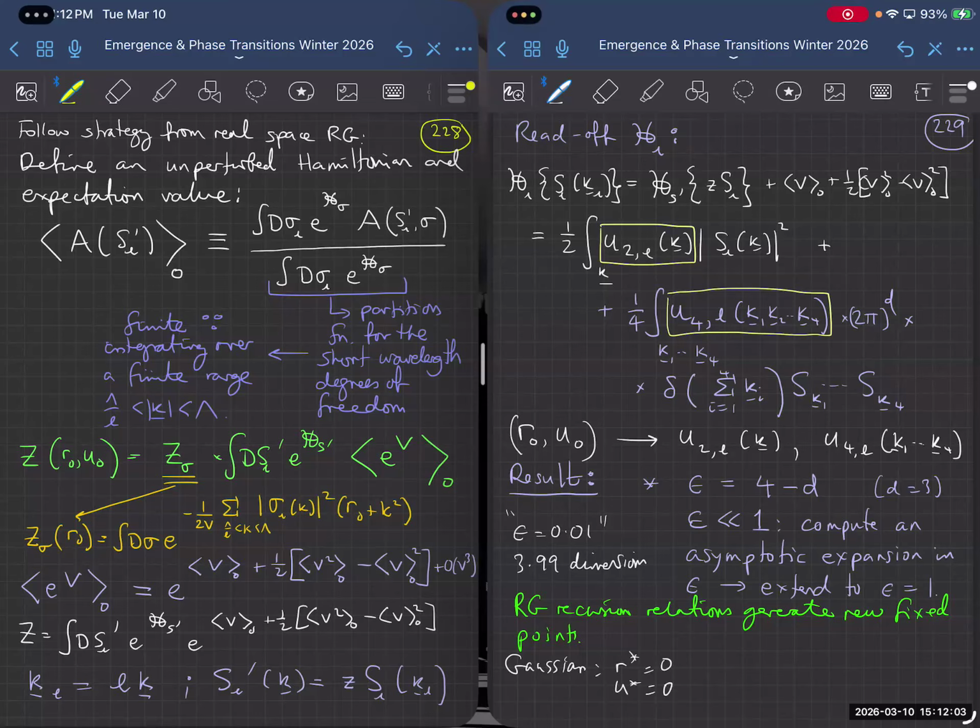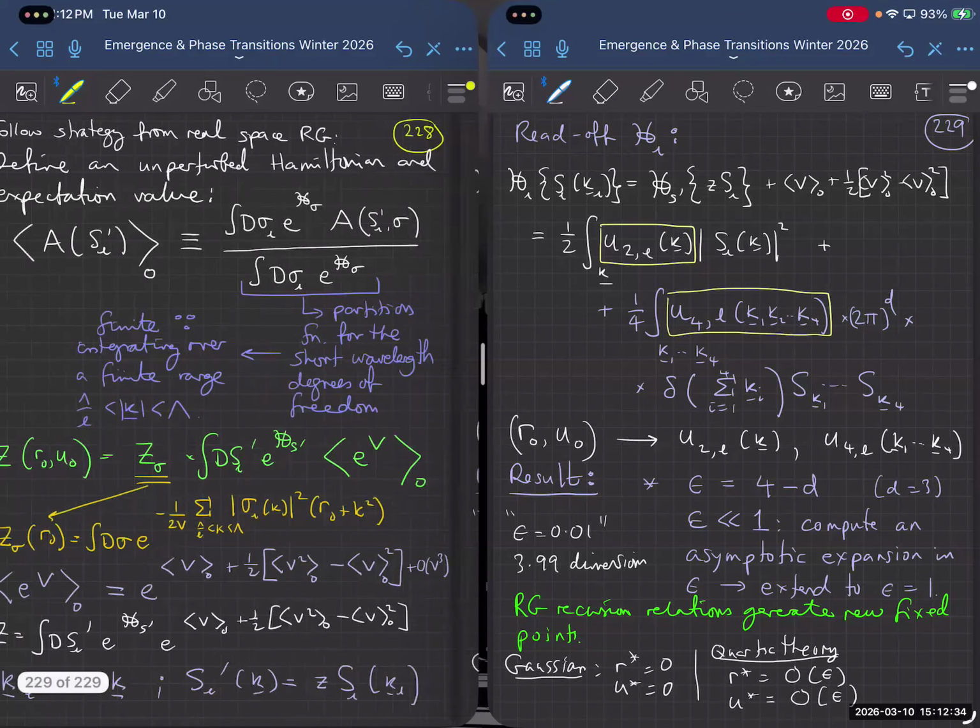Okay. Now, when we do the calculation that we're talking about now, so with the quartic theory, what we'll find is that R star is now definitely different from 0 by an amount that is of order epsilon, and U star is definitely different from 0 by an amount that is of order epsilon. We're going to see what those things are.